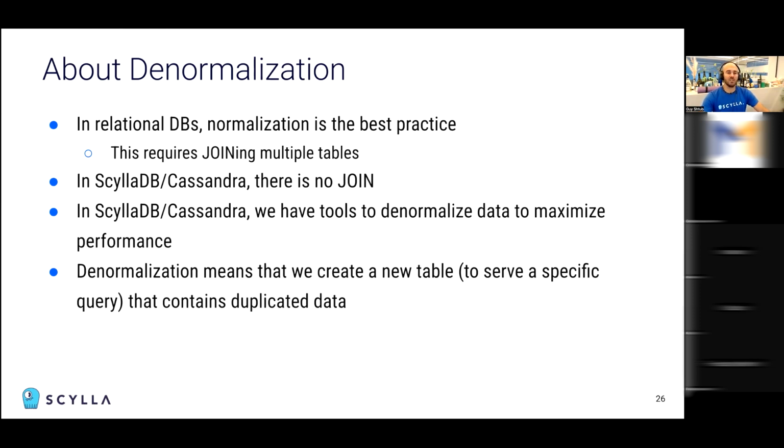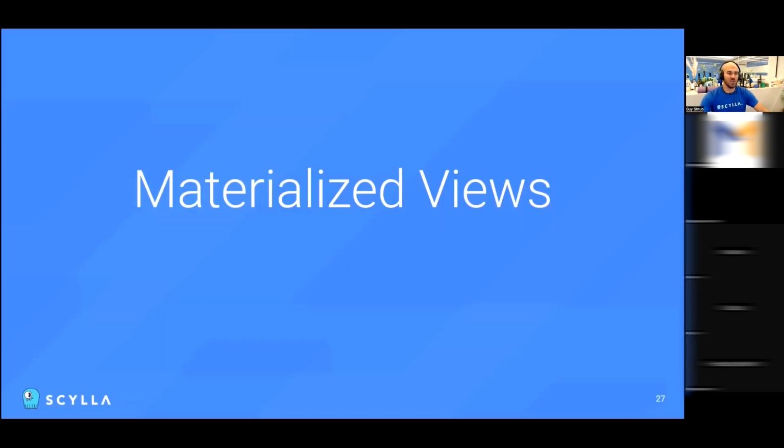So in ScyllaDB, as well as in other databases, we have different mechanisms that allow you to denormalize data, and that means that the database takes care of denormalization for you. Now, let's see how that works. I'm going to introduce pretty much 3 different ways to denormalize data and talk about each one.